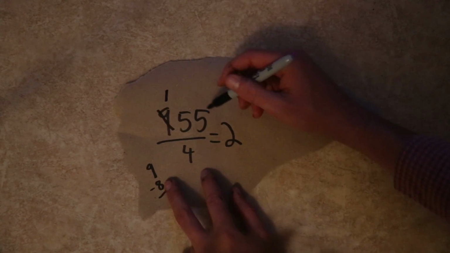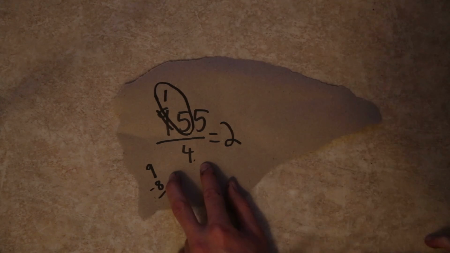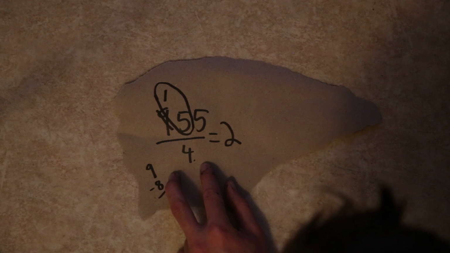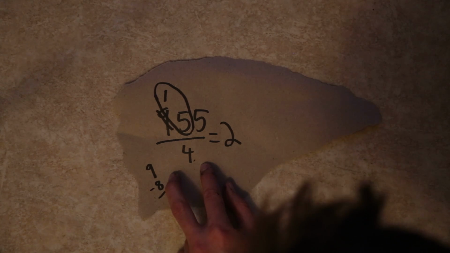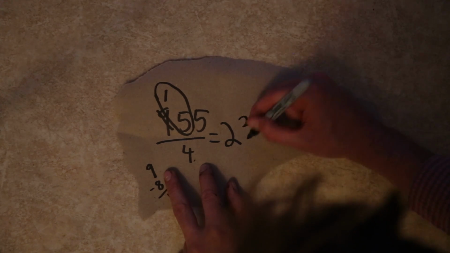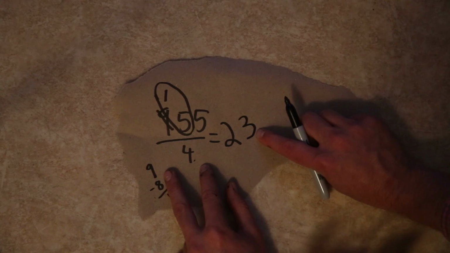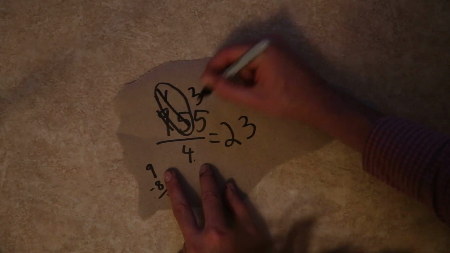1. Circle it up. How many 4's can go into 15? I know this one. It's 3. 4 multiplied by 3 is 12, we have 3 left over.